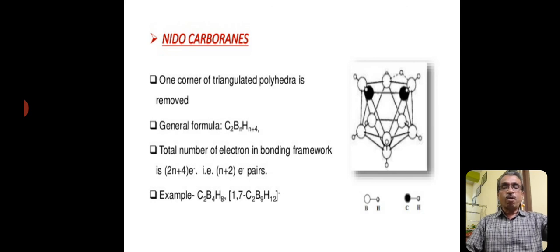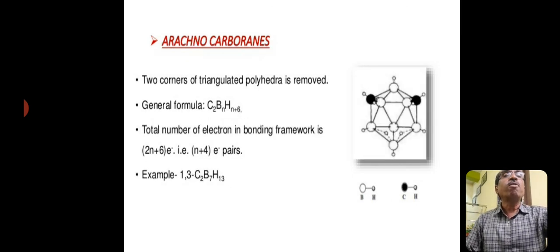The total number of electrons in the bonding framework is 2n+4 electrons or n+2 electron pairs. The examples for this are C2B4H8 or 1,7-C2B9H12.